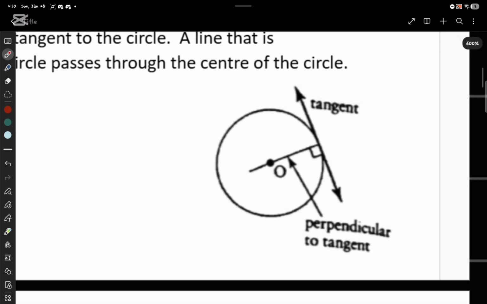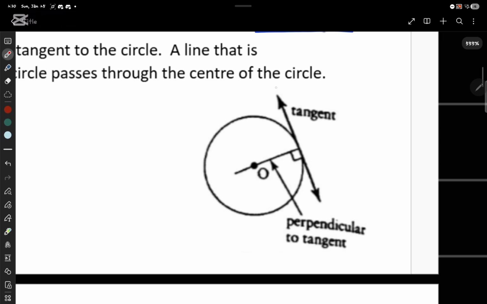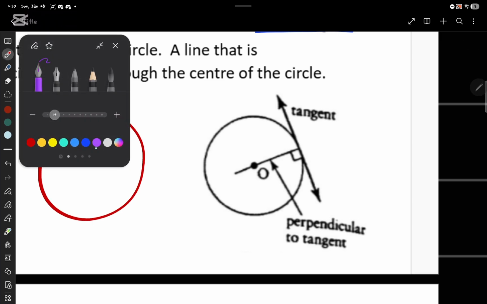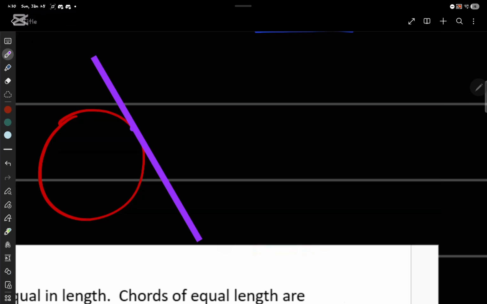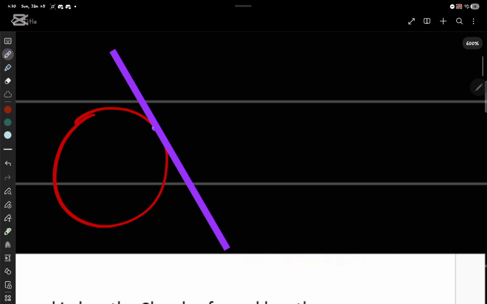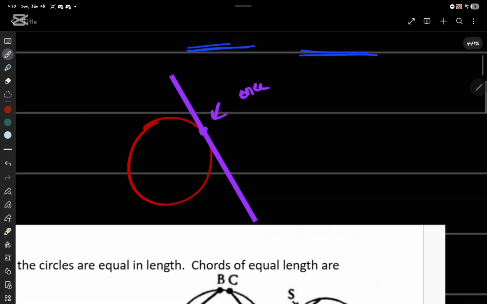What that means is essentially we have a tangent. A tangent is a straight line that hits the circle exactly once.